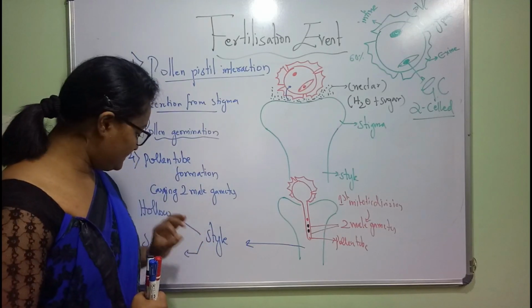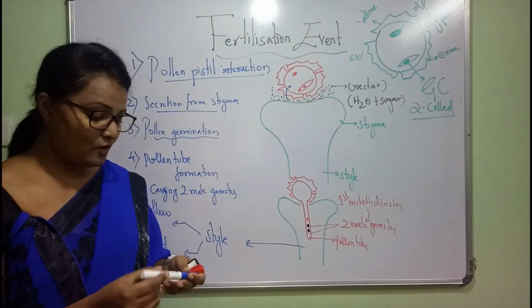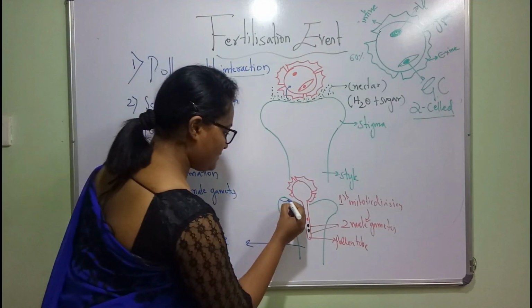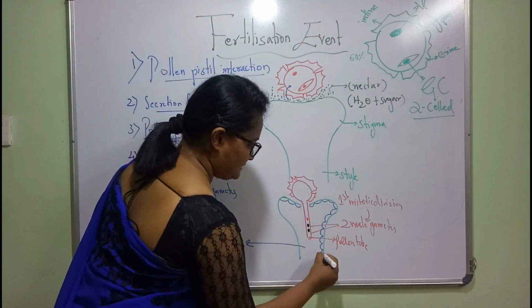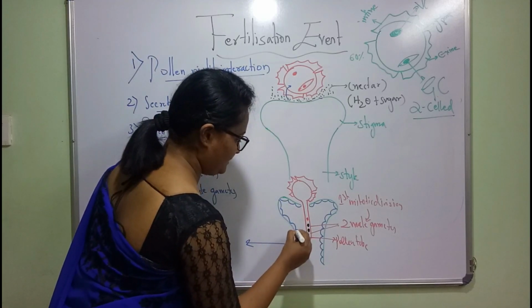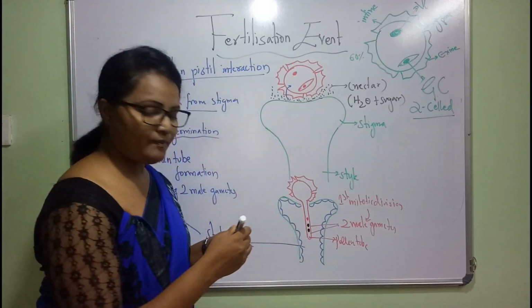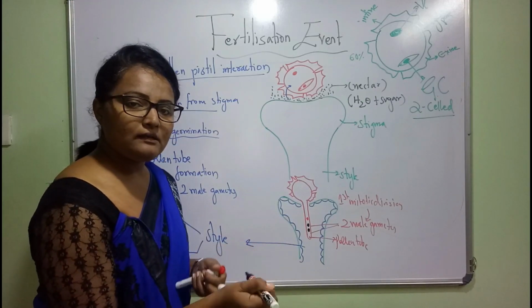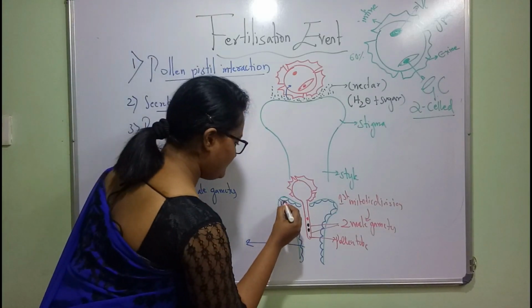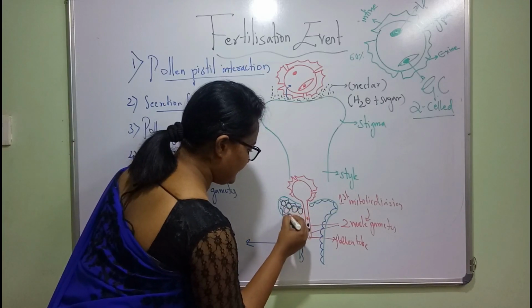If the style is solid, like how it is called solid, this wall of the style is made up of epidermis. Okay, epidermis layer, and within this epidermis they are composed of cells like this.